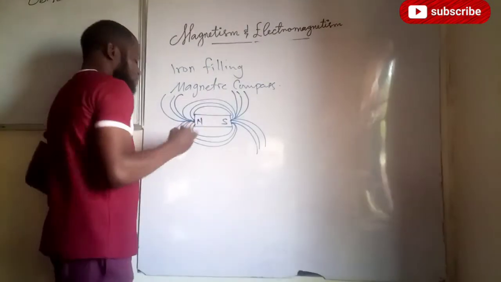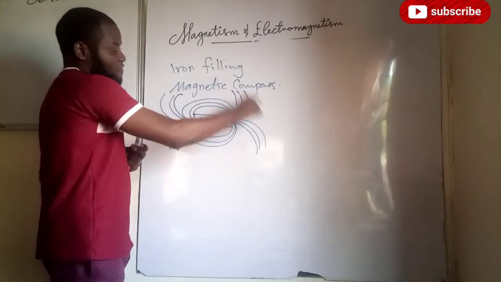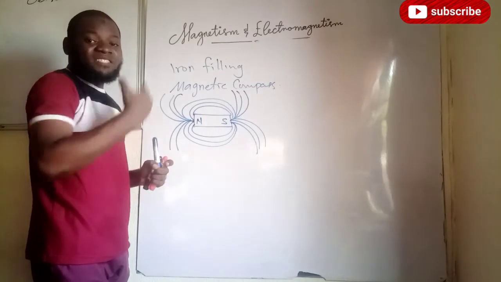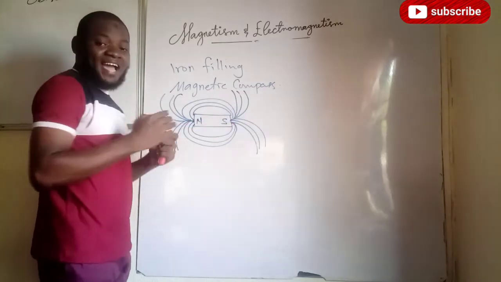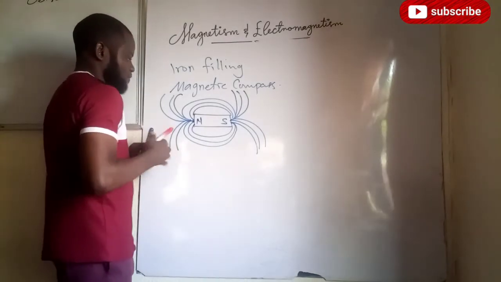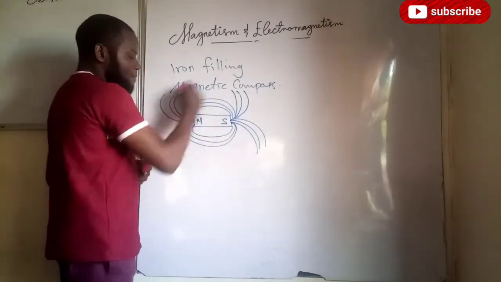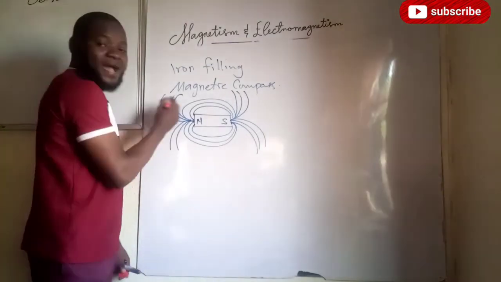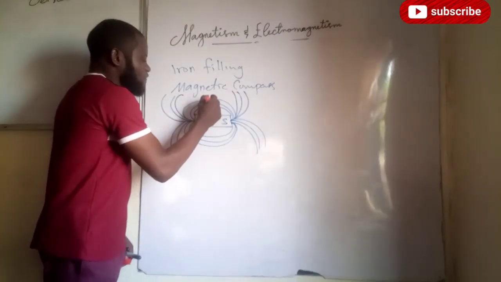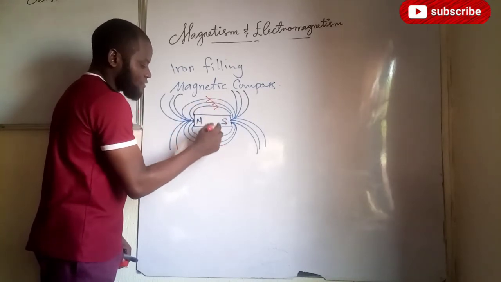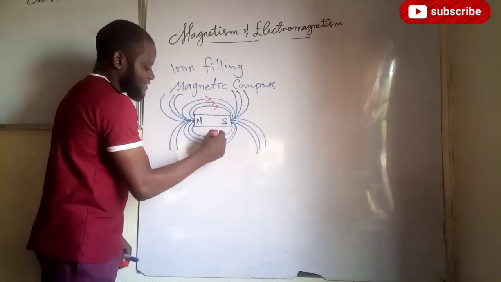Because the magnetic lines always have direction, you must indicate the direction of this field. Outside the magnet, I want you to understand something here, guys. Outside the magnet, the force moves from the north pole to the south pole.